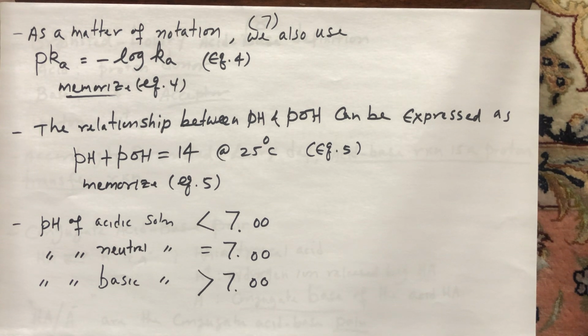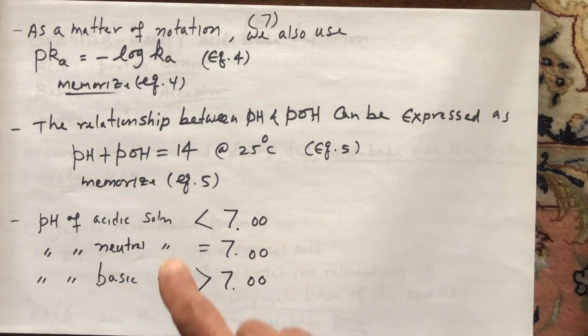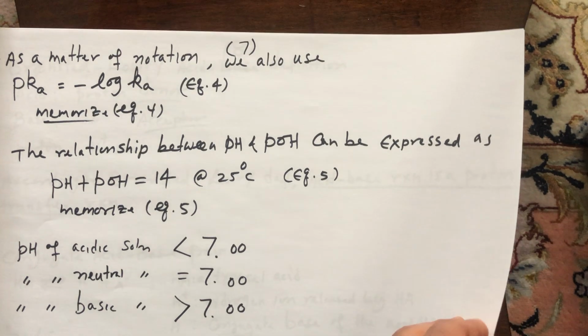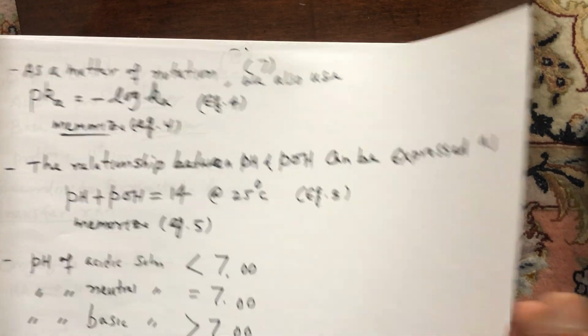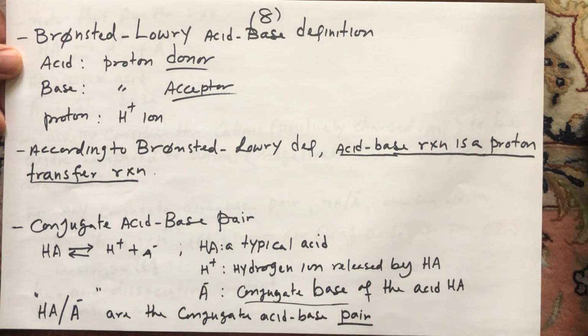I've noticed that many students know the pH scale basically from this simple chart here: if it's less than 7, it's called acidic. If it's equal to 7, neutral. If it's greater than 7, it's called a basic solution. All right, so let's move to the next slide.